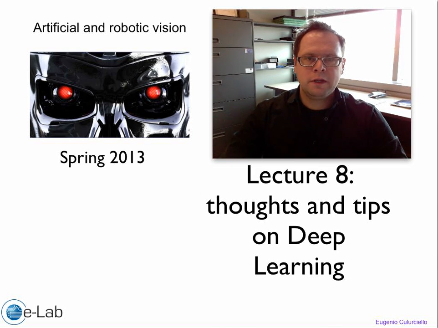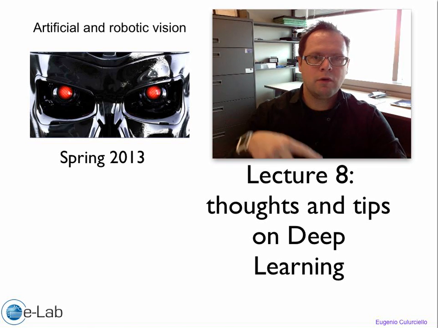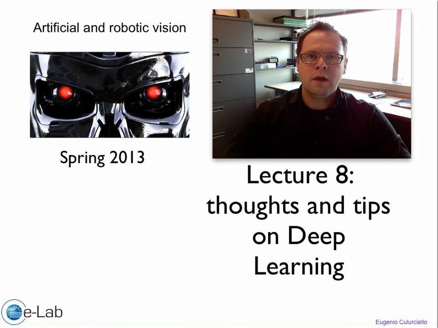Today I will share some of my thoughts and tips regarding deep learning, and in particular deep networks. Deep networks and deep learning are one of the top models now to model synthetic vision systems, in particular the human visual system.